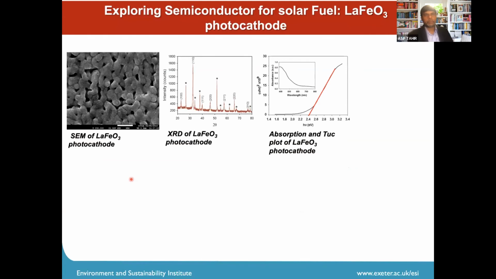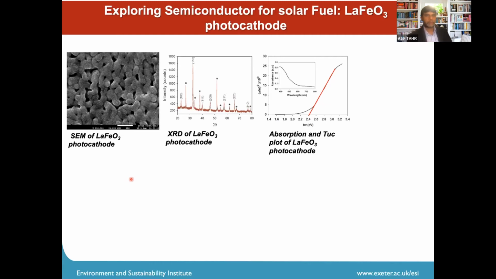And then we looked at another group of ferrites, which has the formula ABO3, and these materials have a perovskite structure and have the ability to accept more dopants and are easily surface tunable.